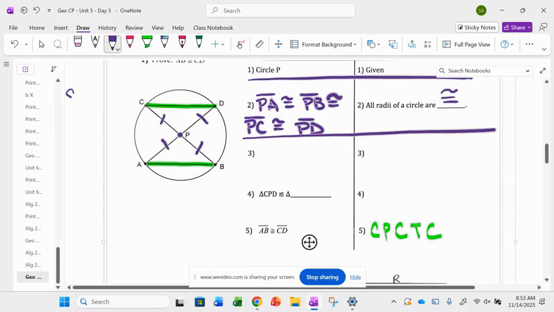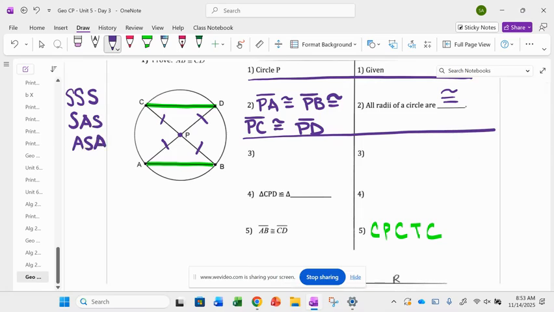So now I need to get these triangles congruent. Well, there's three ways to get triangles congruent: side, side, side, or angle, side, angle. Right now, I have two sides, side, side. I need something else. Does anybody see anything else that we can say is congruent?